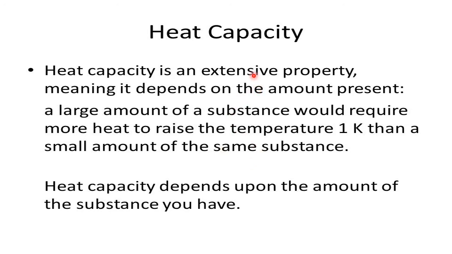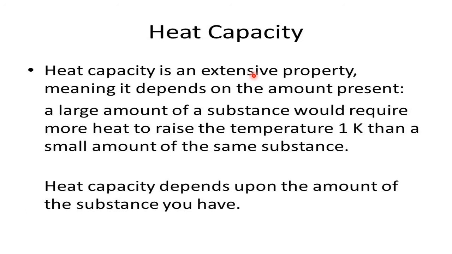Now, heat capacity is an extensive property. So let us recall what are extensive properties and intensive properties. Extensive properties means the property depends upon the amount, size, mass. Therefore, here heat capacity also depends upon the amount of the substance. For example, I am having 1 kilogram iron and 10 kilogram iron. Both are at room temperature.